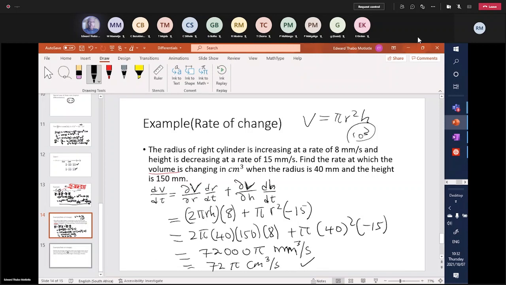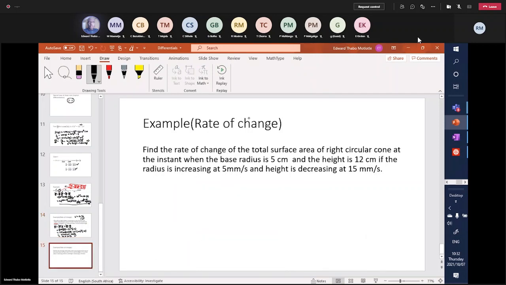So this is your answer. The next one is a little bit more involved, but not that much. They say right circular cone, and they're talking about the surface area. So let's check. A right circular cone is basically this guy here, and here is a right angle.